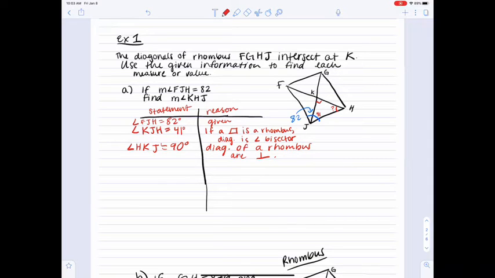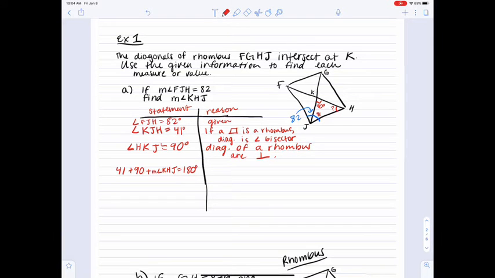So actually now we have 41, we have 90 right here, and then the one we're looking for is in the same triangle, this little bitty triangle here of JKH. So we can actually add those 3 angles together up to 180. So we can say 41 plus 90 plus measure of angle KHJ, which is what we're looking for, add up to 180.